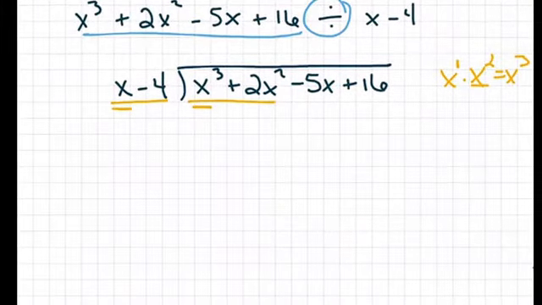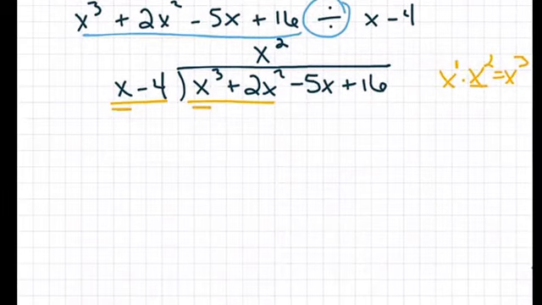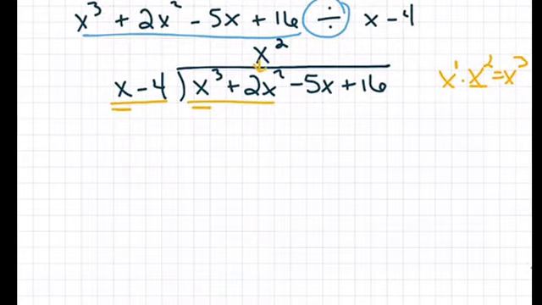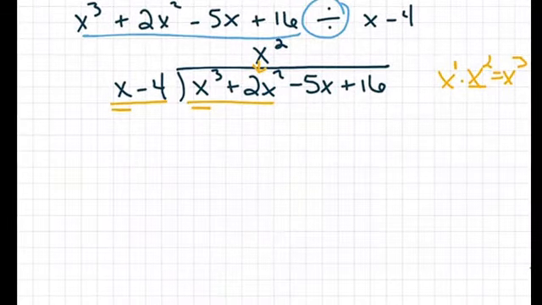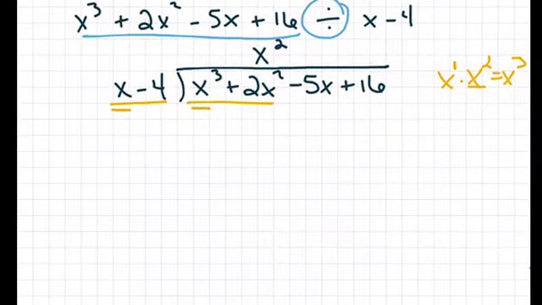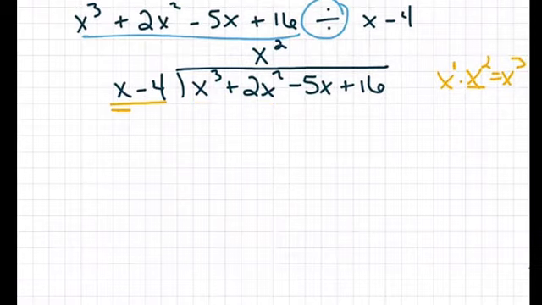So x times x squared gives me x cubed. Again, notice I have put it over the x squared term.